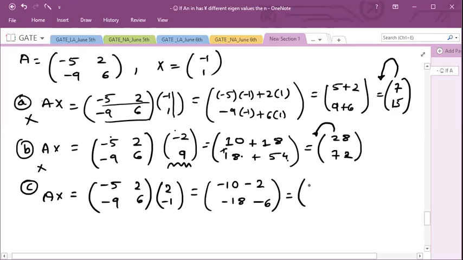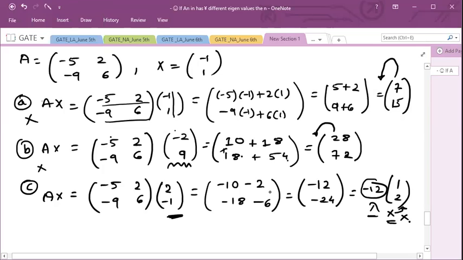So minus 10 minus 2 is minus 12, and it is minus 24. Can I take anything common from here? Yes, I can take minus 12 common, but after taking common I am getting (1, 2). This is not (2, -1). It should be lambda into x. I don't know if it is lambda or not, but definitely this is not x. Our x is (2, -1) and this is (1, 2), so it is also wrong.